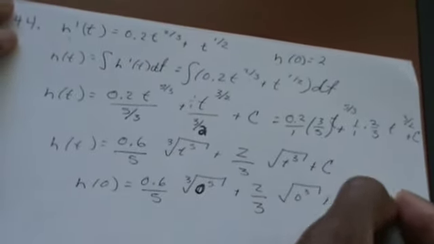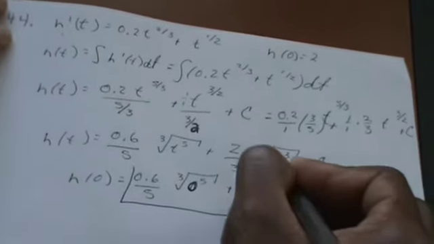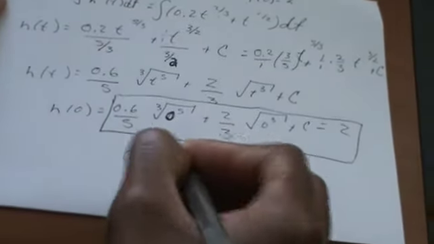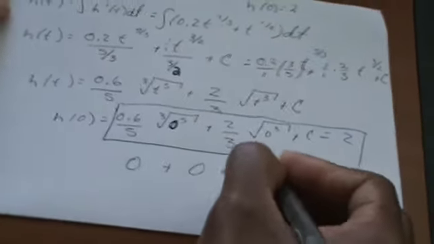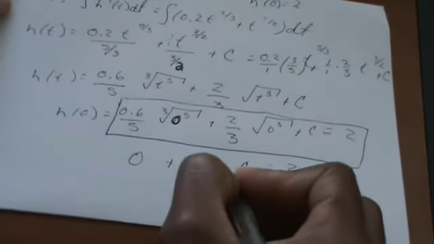This should equal 2. Right, so I'm going to focus on this part right here. I don't need that earlier label, it's unnecessary. So what do I get? 0 plus c equals 2. So then clearly c is equal to 2.